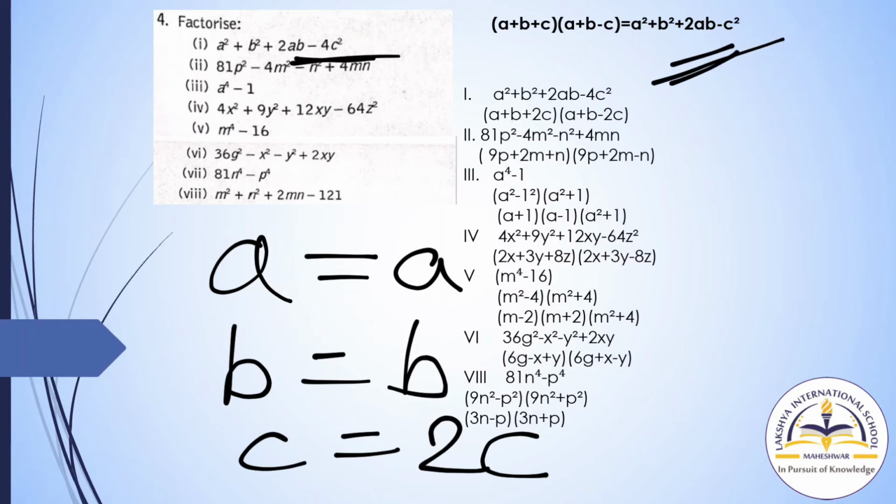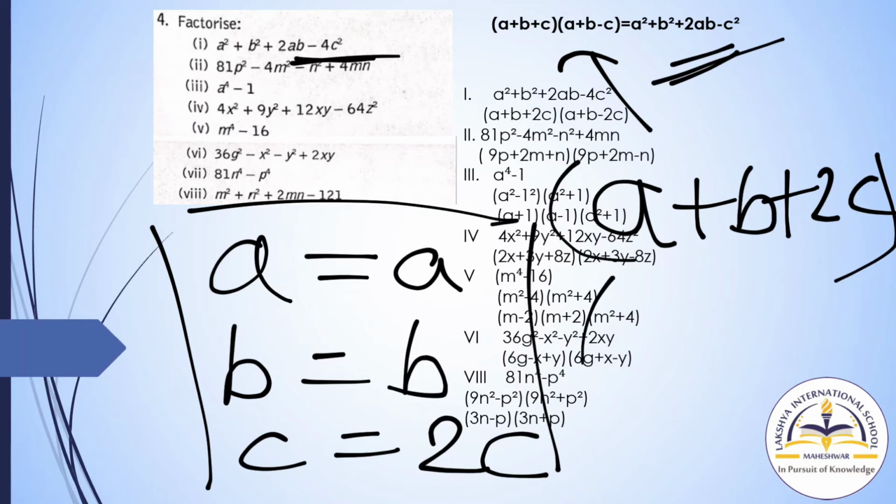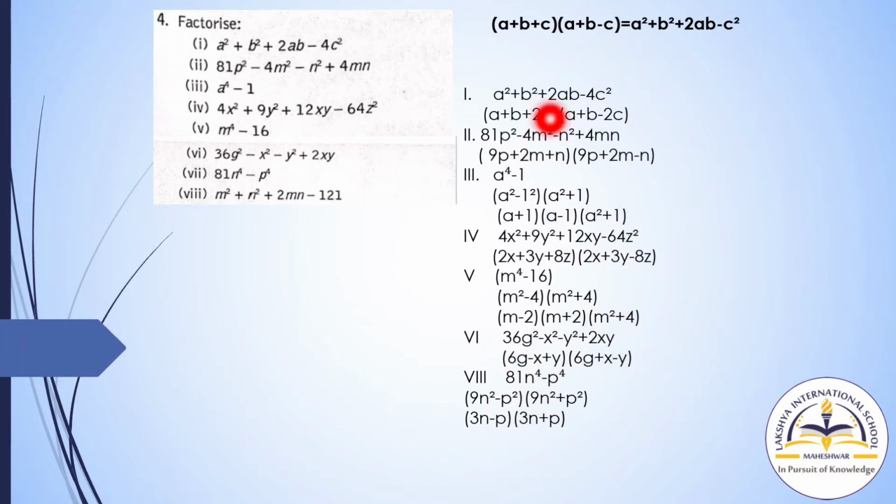In the identity you can see c square is there, so 2c. Now we have to write the answer according to the identity. The answer is a plus b plus 2c and a plus b minus 2c. This will be the answer. Here it is given a plus b plus 2c and a plus b minus 2c.